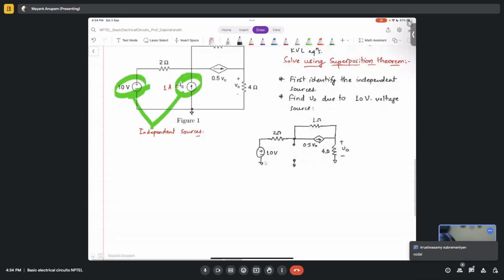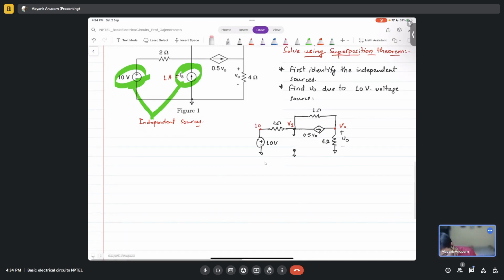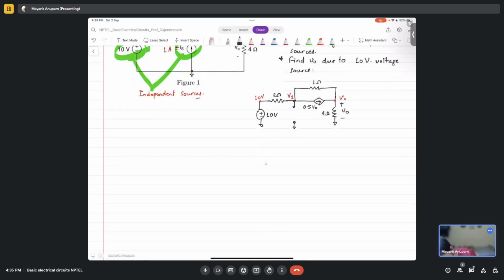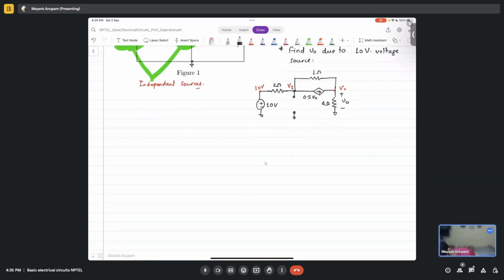Let's call this node V1. This is already V naught, and we do not need to know this one because it is already given as 10 volts. So tell me what will be the nodal equation at V1.